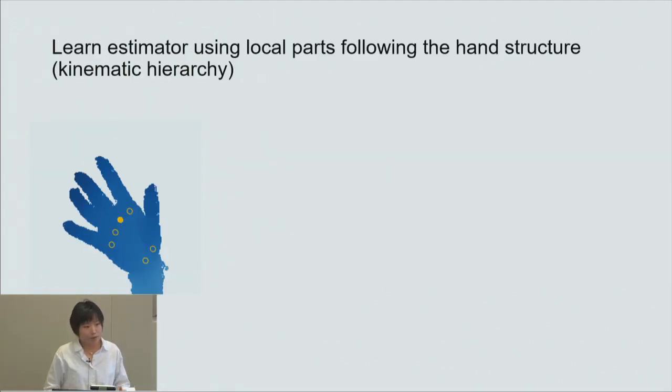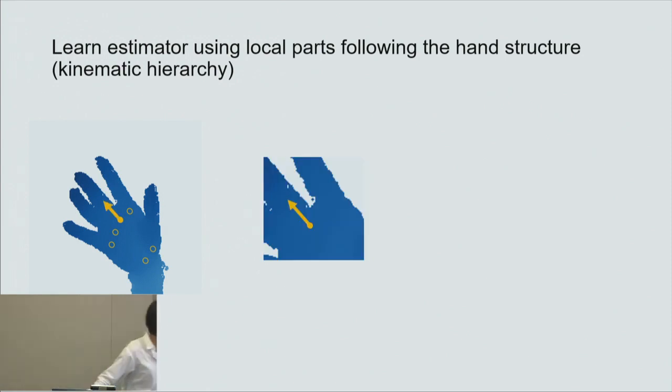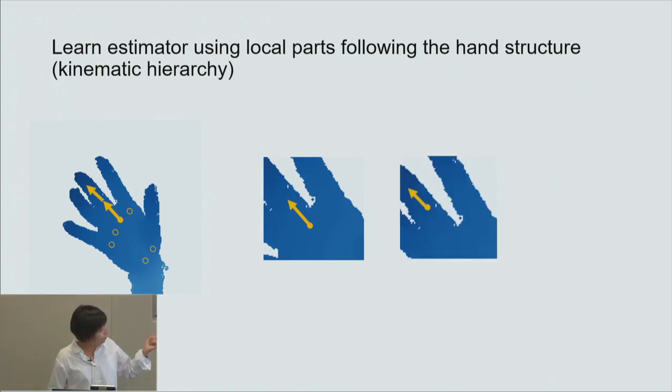But if we move our attention and estimate the hand patches by following the hand structure, like if we know this is the middle finger and we follow the hand structure, we can identify which parts they belong to.